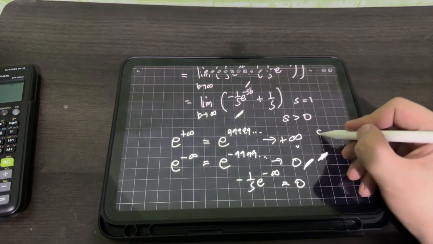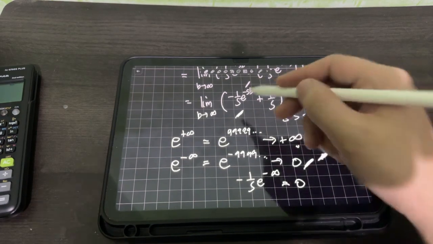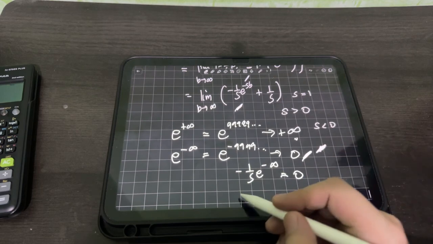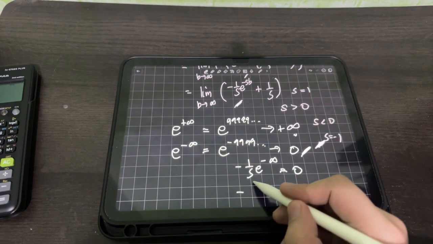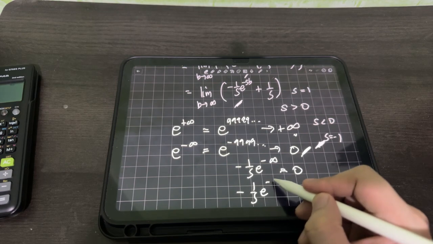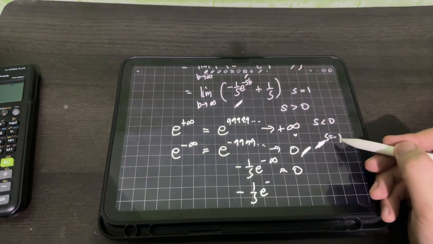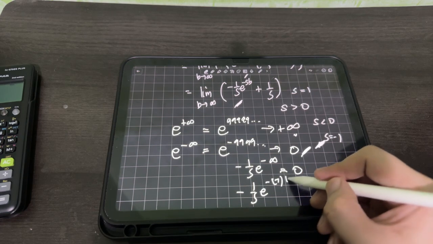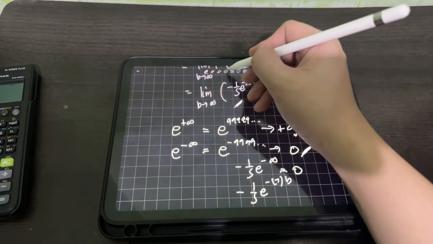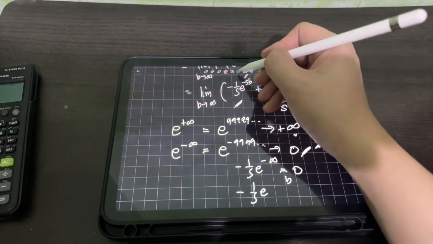If you set s less than 0, it will not converge. Let's say s is negative 1. So it will be negative 1 over s, e to the negative s b. The value that we assign is negative 1, then b. Negative times negative is positive b.